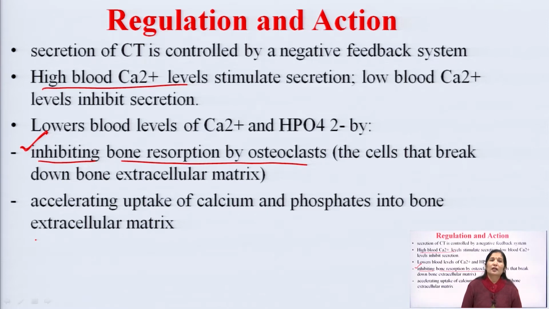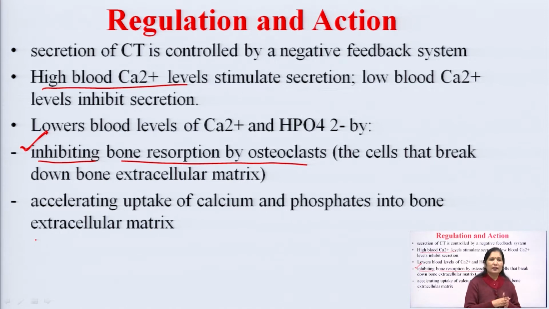Second action, it will enhance, it will accelerate the uptake of calcium and phosphate into the bone extracellular matrix. It will take the extra calcium and the extra phosphate from the blood to the bone extracellular matrix.